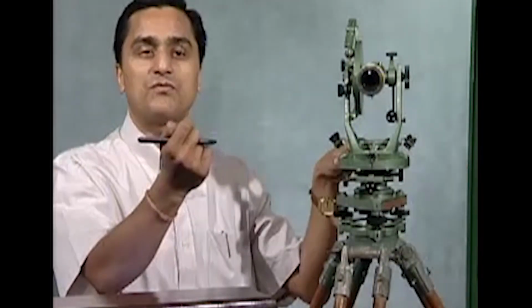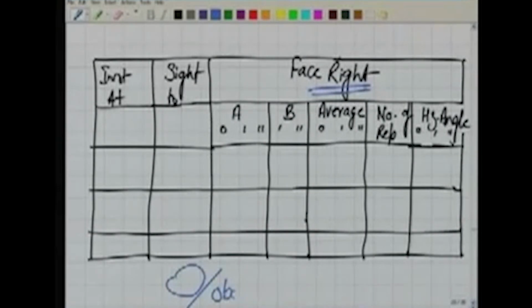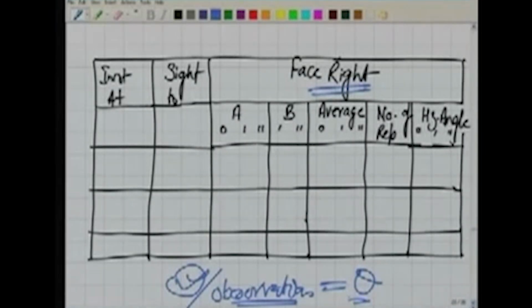So what I am doing, mechanically I am adding the angles here. Mechanically, just by using it, theta, 2 theta, 3 theta, 4 theta, 5 theta, and mechanically I am adding the readings, and that final reading divided by the number of observations gives me the angle value, theta.